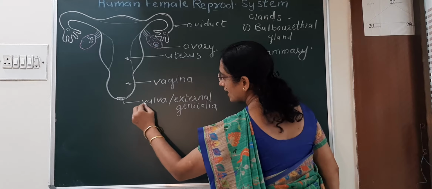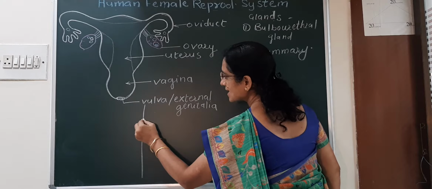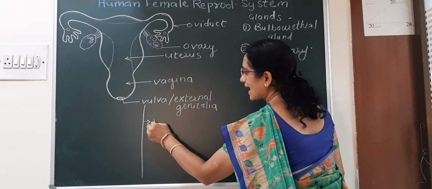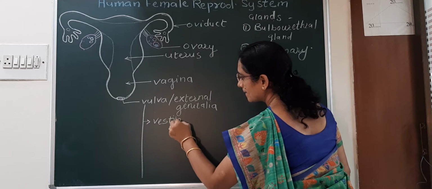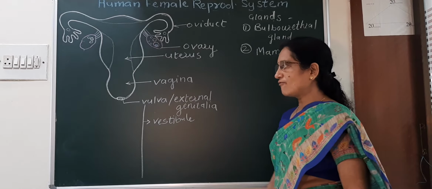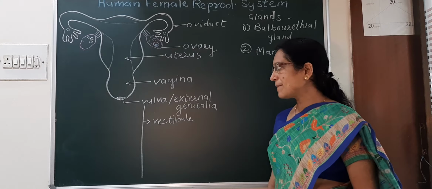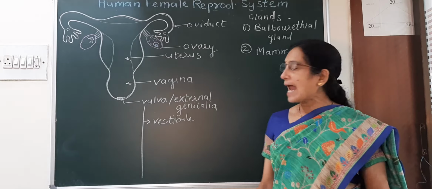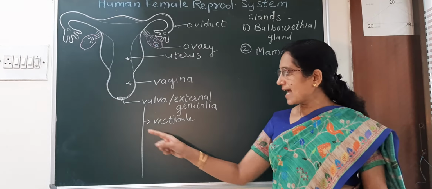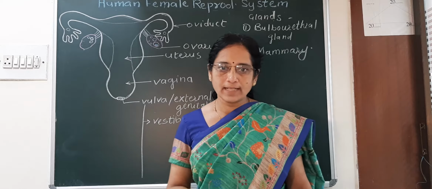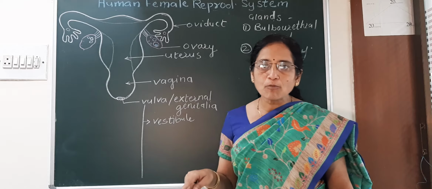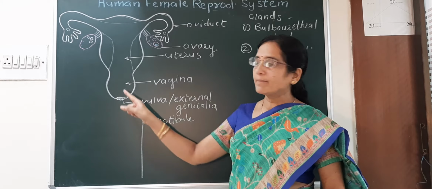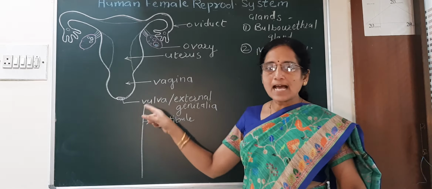The first part of the external genitalia is called the vestibule. The vestibule is a depression of the vulva and it encloses two openings: the vaginal opening and the urethral opening. In females, the urethral opening and vaginal opening are separate. In males, both are common.